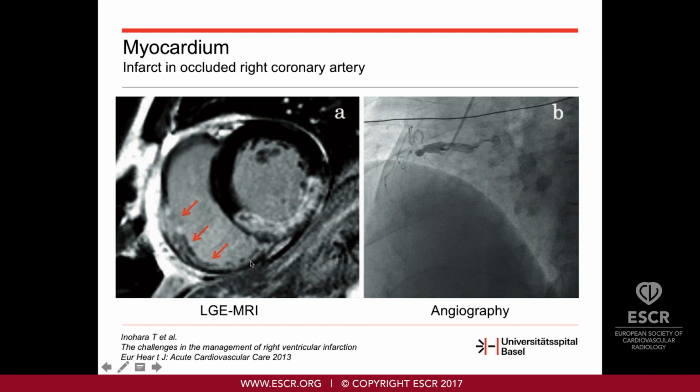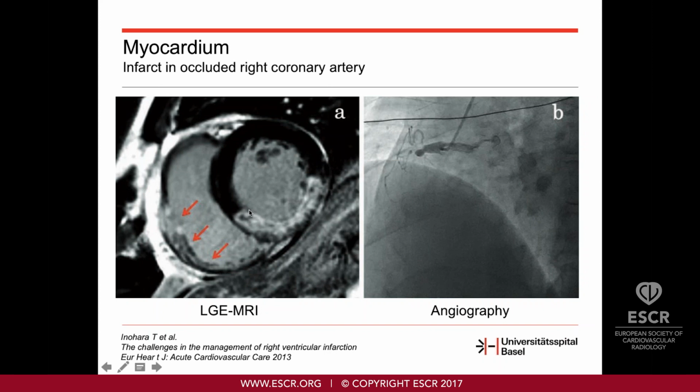Now I would like to talk about the myocardium. Let's start with these late enhancement images. On the left you see a short axis view of the left ventricle, round or donut shaped, and the right ventricle, and we see infarction.